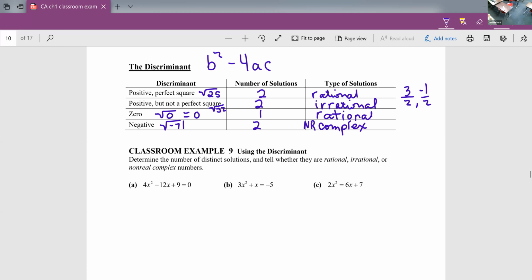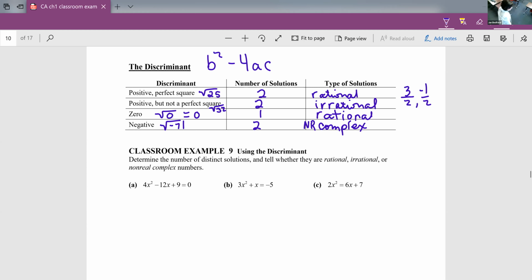So just by looking at what shows up under the radical, it's going to tell us something about how many solutions we're going to have and what it's going to be like. And as we move through the course, we're going to come back to this and talk about what this might mean if I were looking at a graph, how would that show up in the graph? We won't go there today. I'm just telling you, we'll come back and revisit this a little bit later.